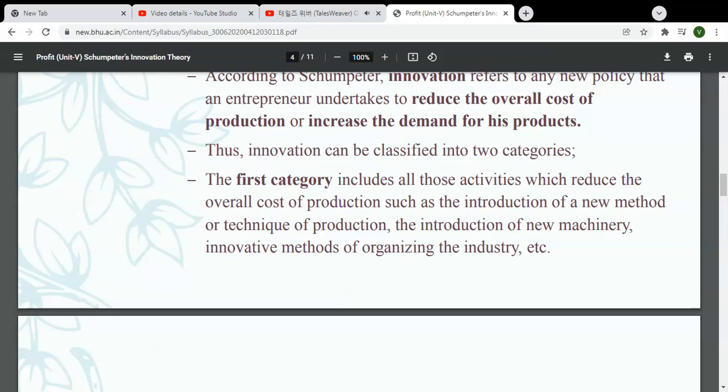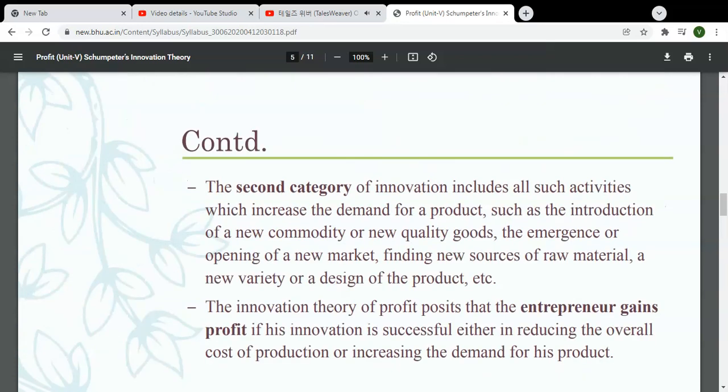If there is a new technology which makes the fabrication of chips easier or less complicated, and requires relatively cheaper machines, then your cost of production will decrease. Another way is how you organize the industry, which also will lead to reducing the cost of production. Maybe I don't know exactly what it includes, so this is the point addressed here.